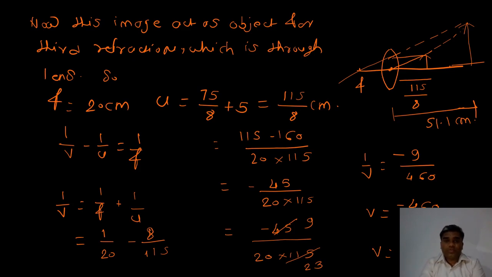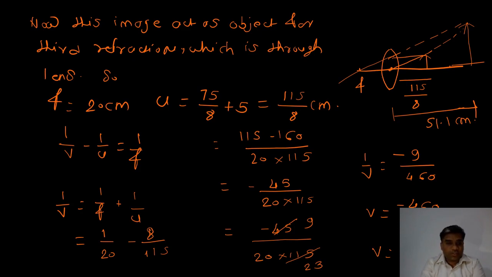So the total distance of the object in this case is 115 upon 8 centimeter. Now we use the lens formula, 1 upon v minus 1 upon u is equal to 1 upon f. After solving this equation, we get the answer as minus 51.1 centimeter.